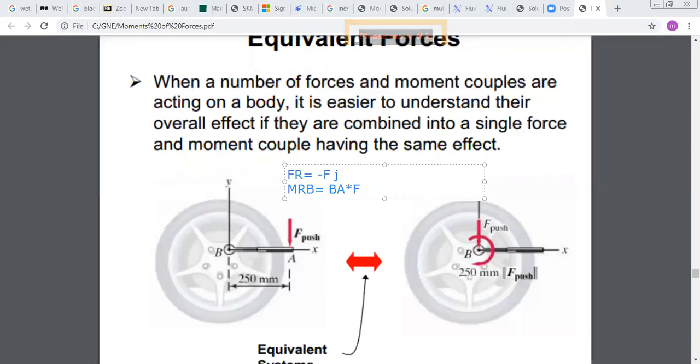If I do the right-hand rule, it's turning clockwise, so it's along negative K. So I put minus BA times F along K. Now for this figure, what is the resulting moment about point A?